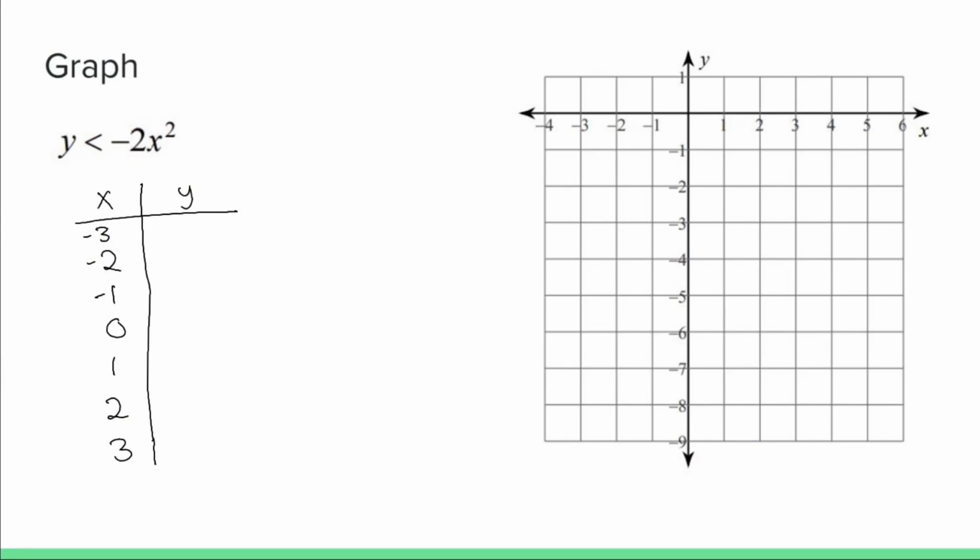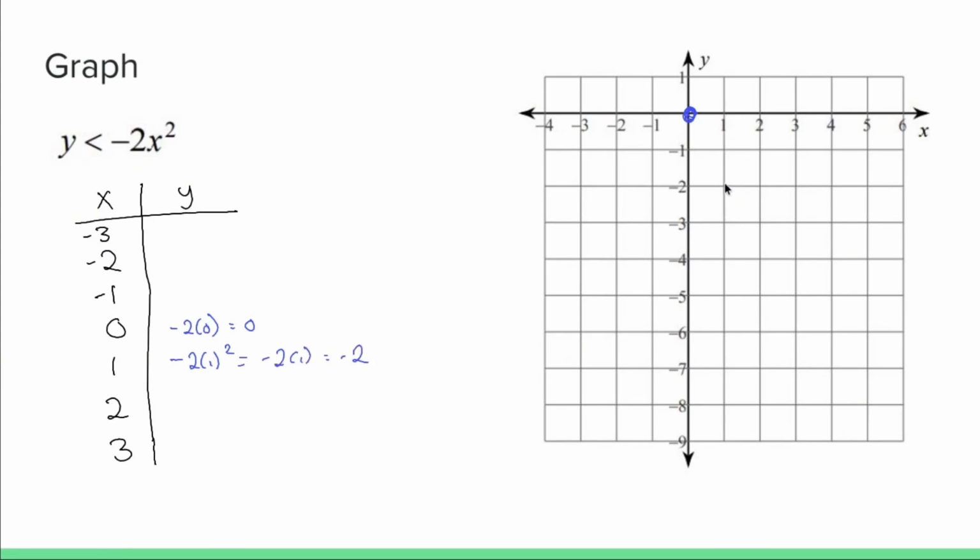When I plug in 0, I get negative 2 times 0, which is 0. Easy peasy. When I plug in 1, since this is a parabola and the left and right sides behave the same way, negative 2 times 1 squared is negative 2 times 1, which is negative 2.